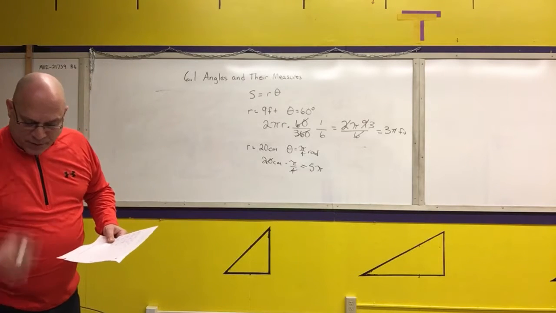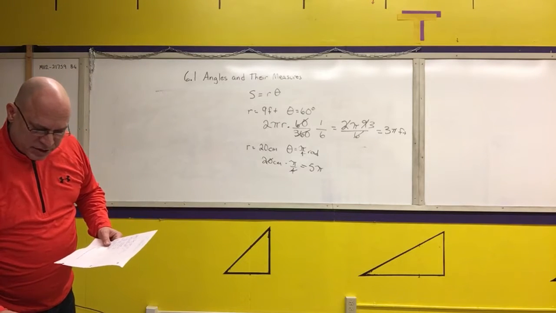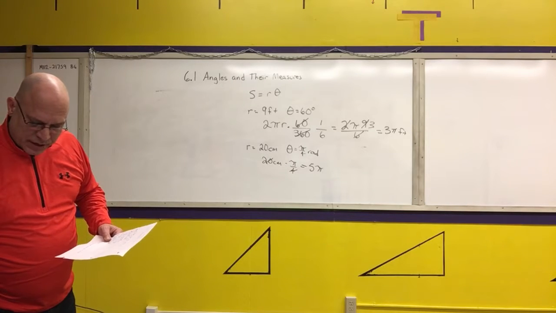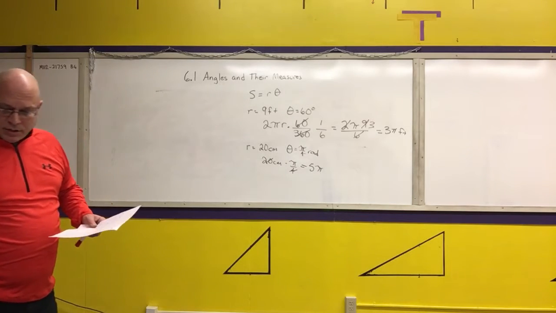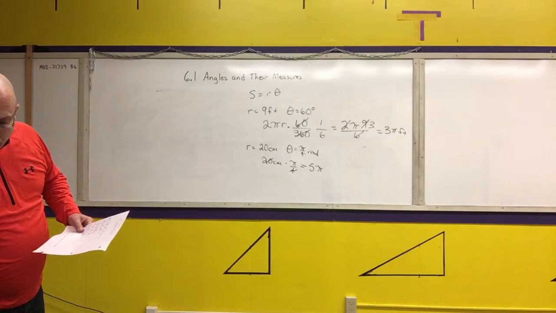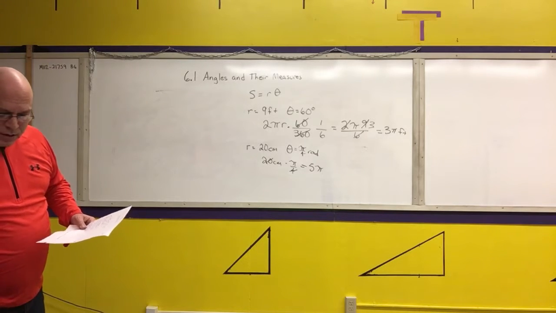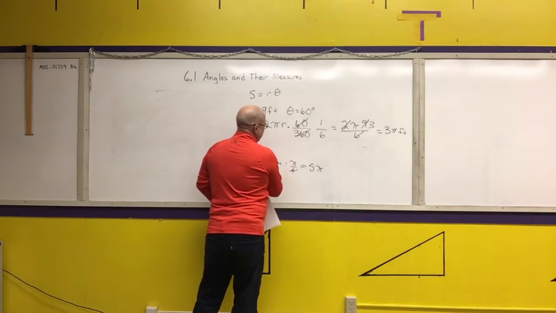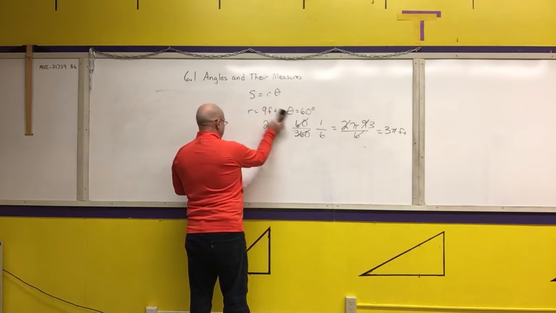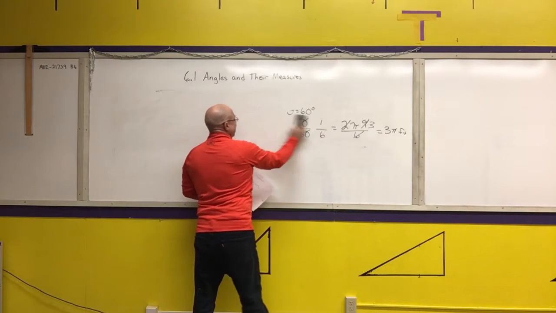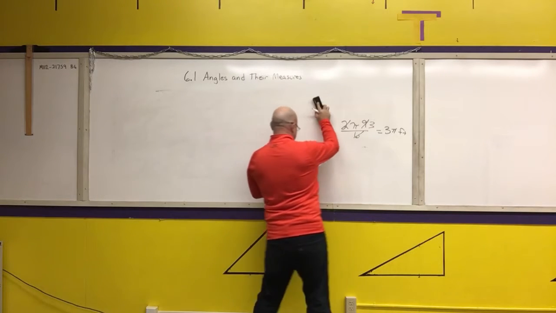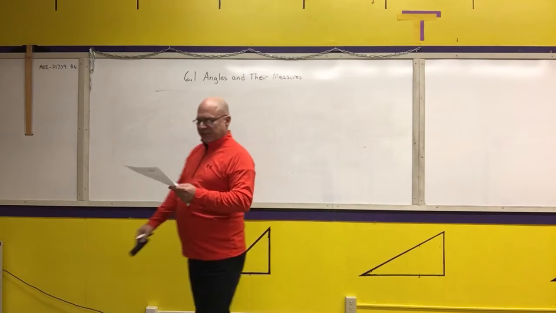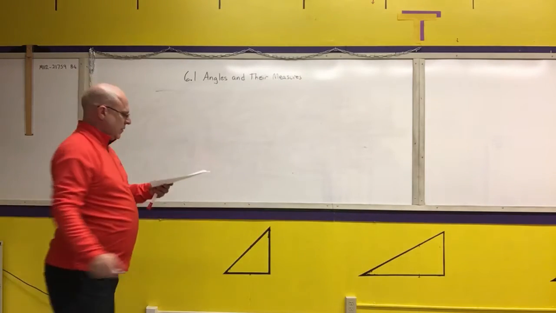The next type of problem I want to get to is like one of your homework problems, and it is they give you two positions. They give you the latitude of San Francisco and Seattle.